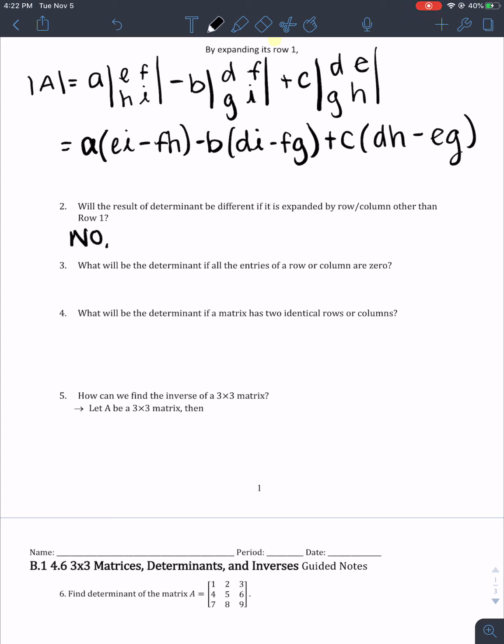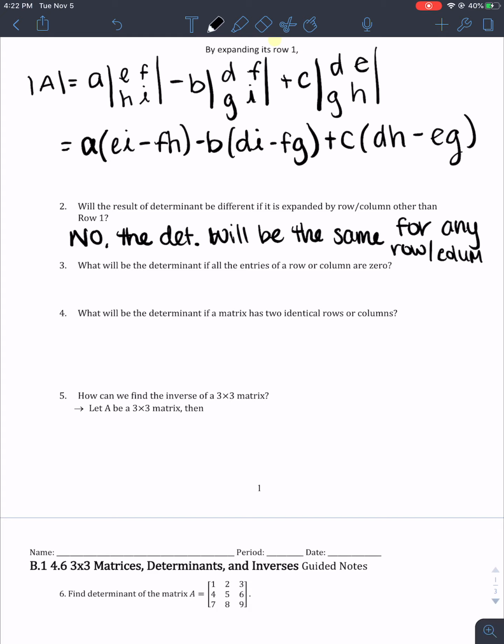No, the determinant will be the same for any row or column. It doesn't matter. What will the determinant be if all entries of a row or column are 0? Your determinant will be 0. And if it has 2 identical rows or columns, that determinant will also be 0.